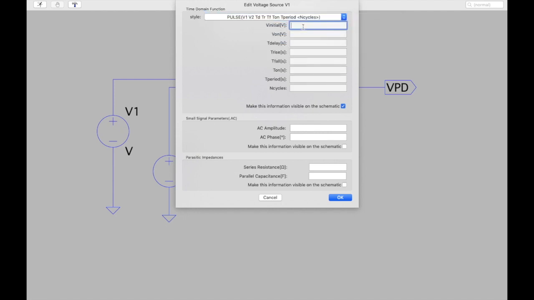The initial value, let it be 0, then 1, no time delay, 0, and T rise, let's make it maybe 10 nanoseconds, and T fall 10 nanoseconds, and T on let's make it 1 microsecond, 1u, and T period 2 microseconds, cycles no need to write. So basically this is a T period of 2 microseconds, so it's 0.5 megahertz.